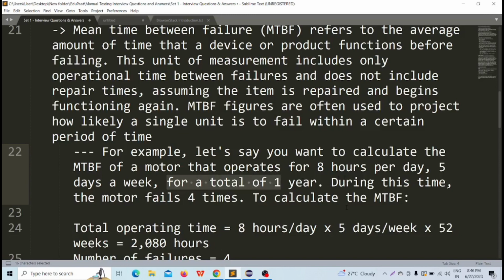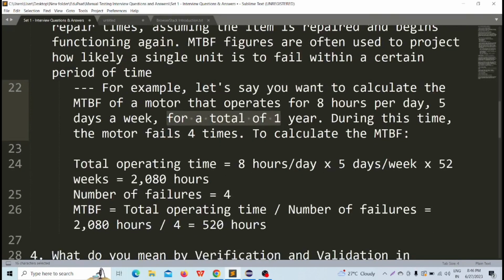So how do we calculate the MTBF? The total operating time will be 8 hours per day, multiplied by 5 days a week, multiplied by 1 year, which is 52 weeks. That is 2080 hours, the total operating time.